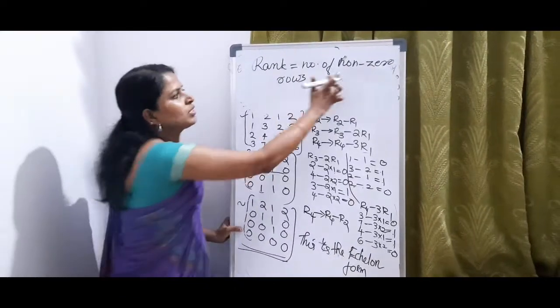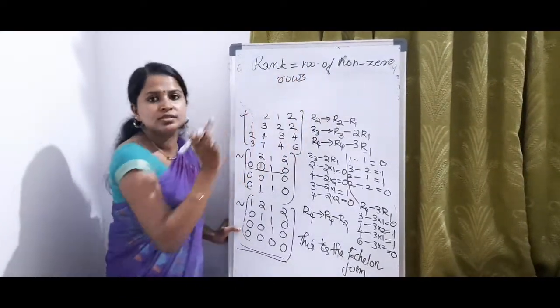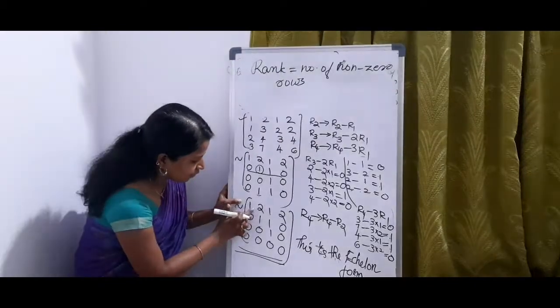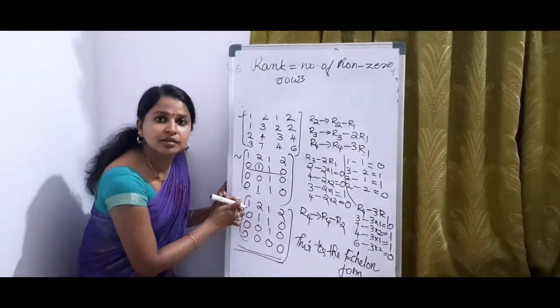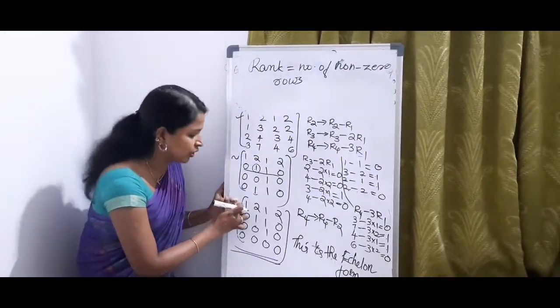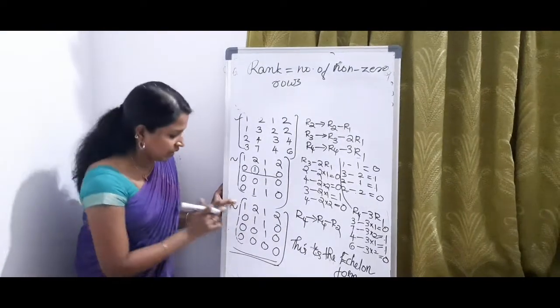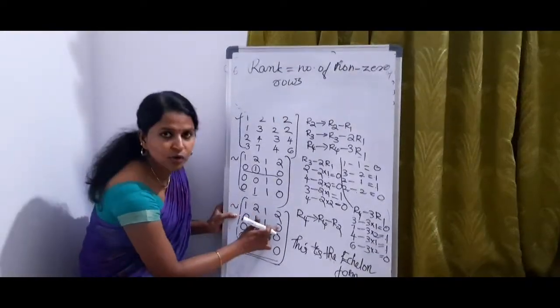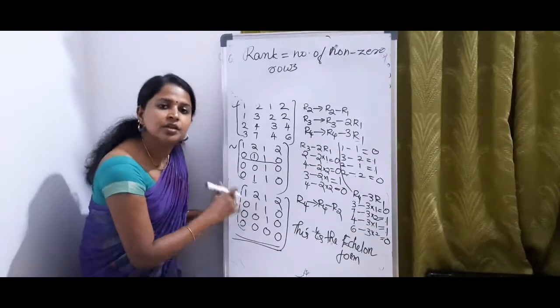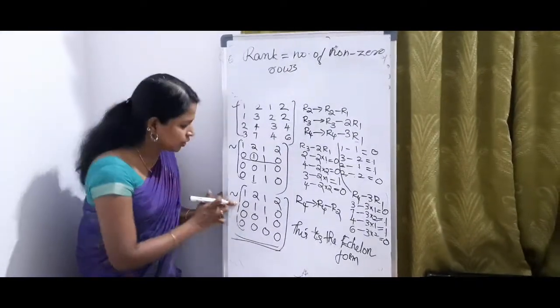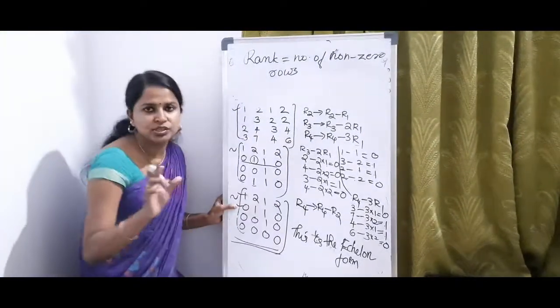What are non-zero rows? This first row, 1, 2, contains non-zero elements, so it is a non-zero row. The second row contains non-zero elements, so it is also a non-zero row. Then the third row has 0, 0, but here 1, the only non-zero element, so this row is also a non-zero row.